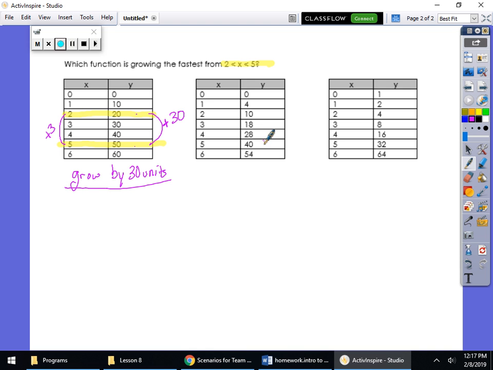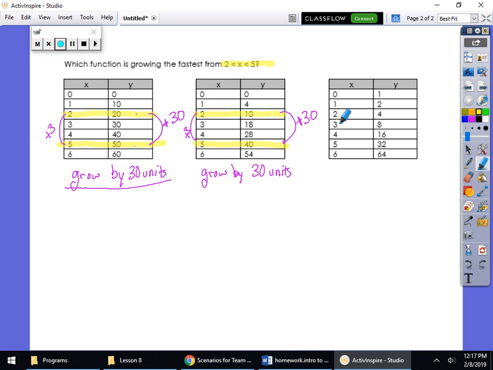When we look at the second graph, from 2 to 5, here's 2, here's 5. It went from 10 to 40. Well, that's also 30 units. So it grew by 30 units over those 3 seconds. So this also grew by 30 units. Then we do the same process for the last one.